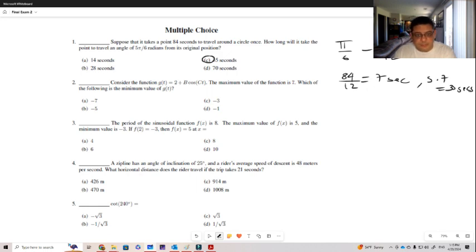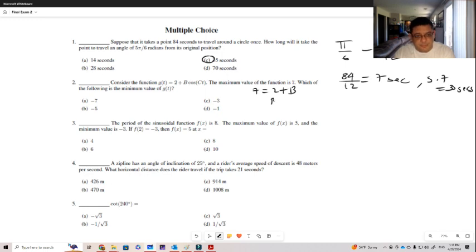The maximum value of the function is 7. We want to know which of the following is the minimum value. If the maximum is 7, we can calculate it as 2 plus b, because it's the midline plus the amplitude.